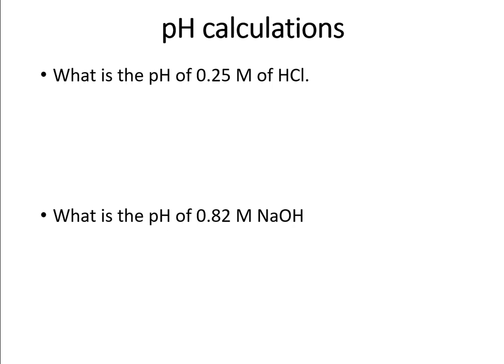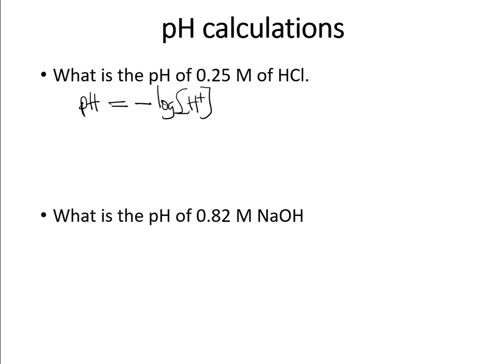First question, what is the pH of a 0.25 molar HCl? In our solving, we said pH is negative log of H plus.